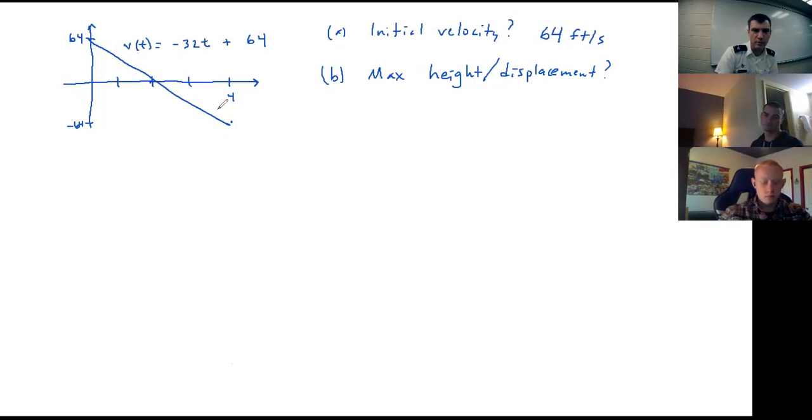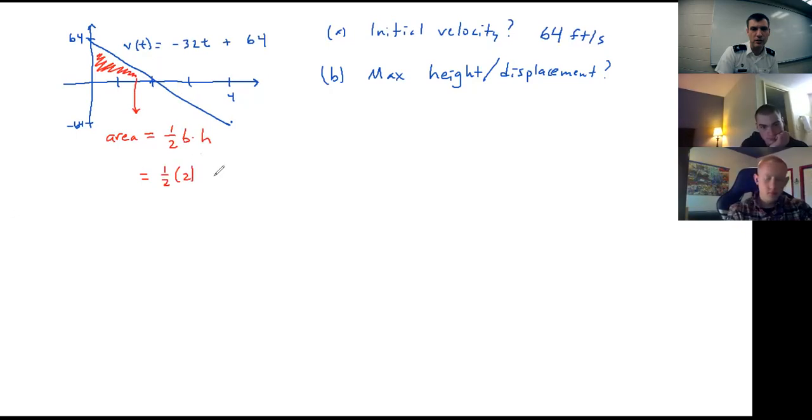The area is, well, it's a triangle, 1/2 base times the height, right? 1/2, my base is 2, my height is 64. That gives me 64 feet, right? And that matches the other thing, right?